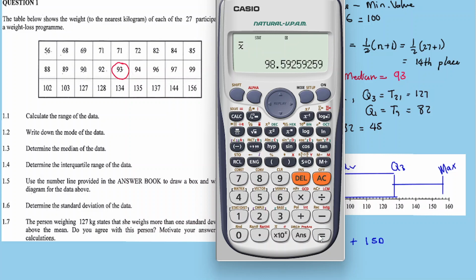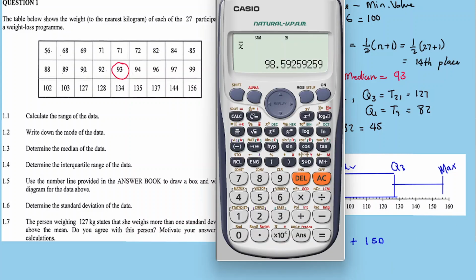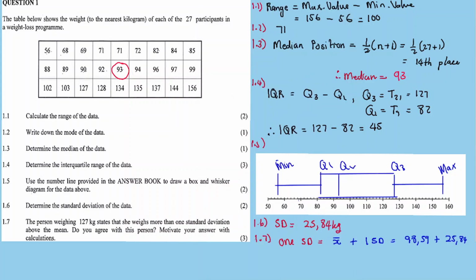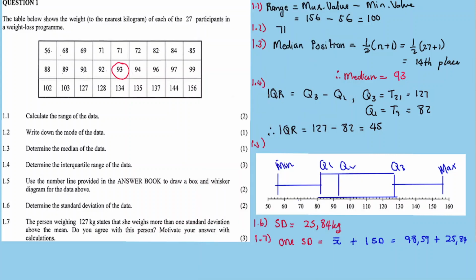So it's 98.59. 98.59 plus 25.84, which is the standard deviation. Now add the two. This is equal to 124.43. So this is 1 standard deviation above the mean.